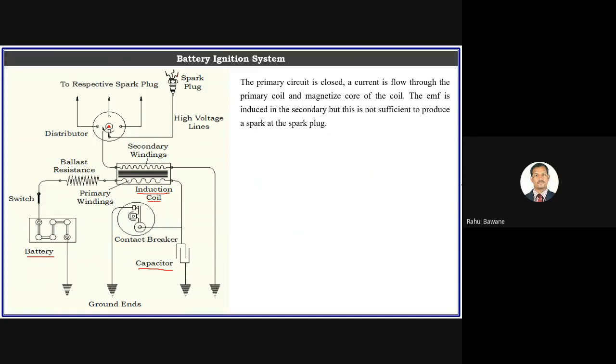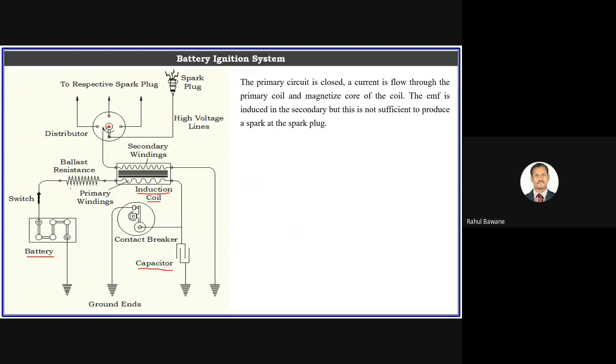When we switch on, we connect the battery. One terminal of the battery is grounded to the chassis, as the chassis is metallic, so the complete chassis behaves like a conductor. So one end of the battery is connected to the chassis, and the second end is connected through the switch to the ballast resistance.